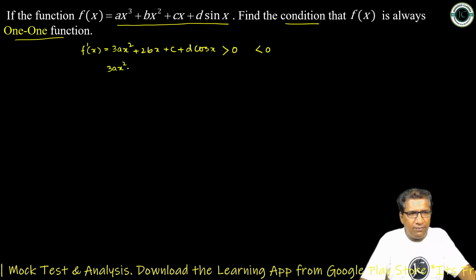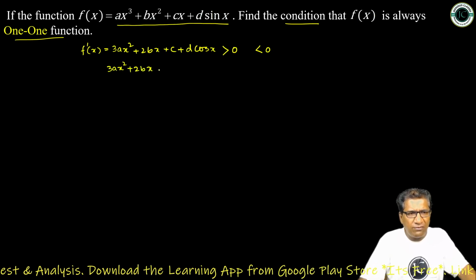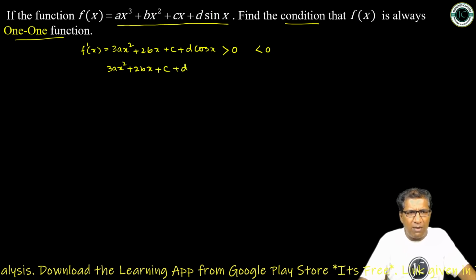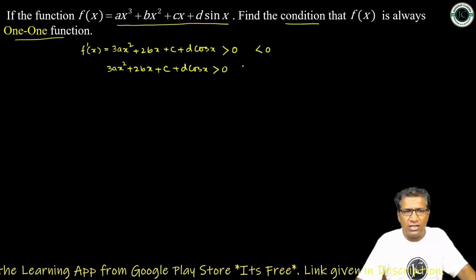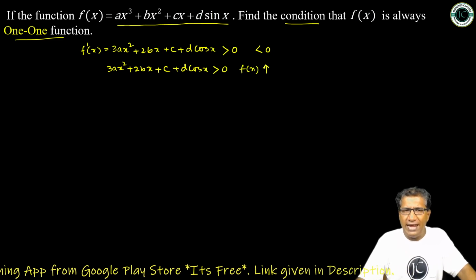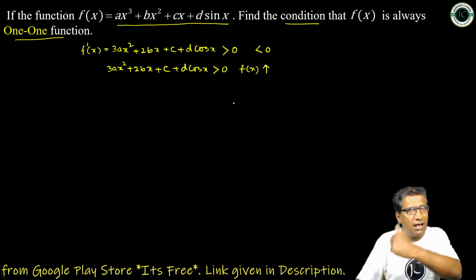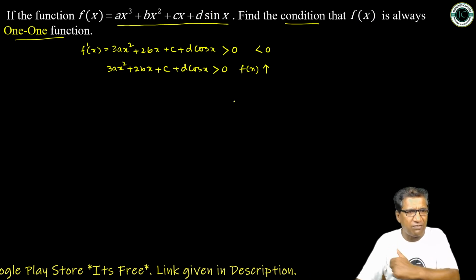Okay, now let me take the first one. When the derived f dash x is greater than 0, that is, the function f(x) is strictly increasing, in that case only, the function will be a 1-1 or injective.